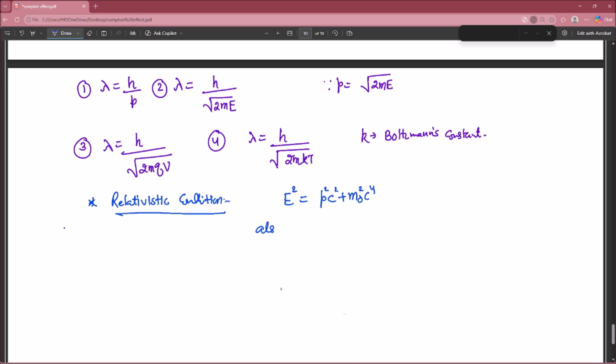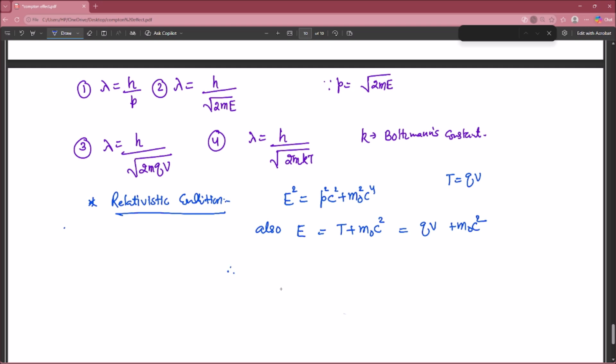Also, we have the relation E is equal to T plus m naught c square, that is total energy is equal to kinetic energy plus m naught c square. And in the relativistic condition, we have T is equal to qV. So in place of T, we will substitute qV.